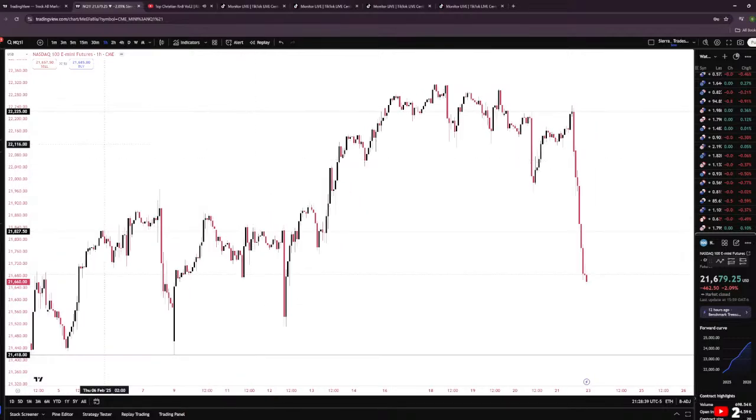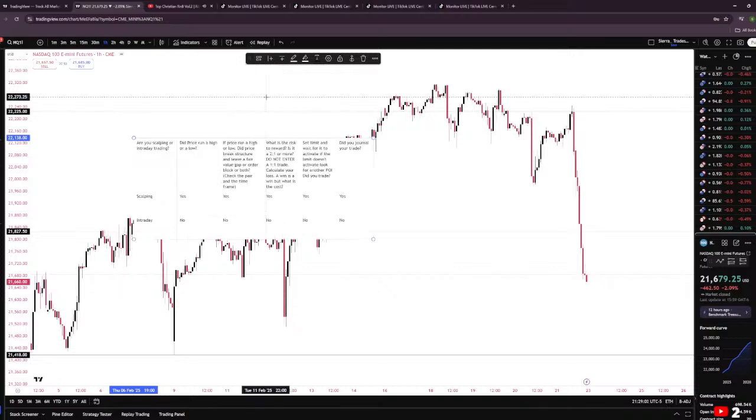So I found out that TradingView added these cute little tables, and I was going over my trading rules, and I was like, I need to get better with making sure that I'm actually following my rules.